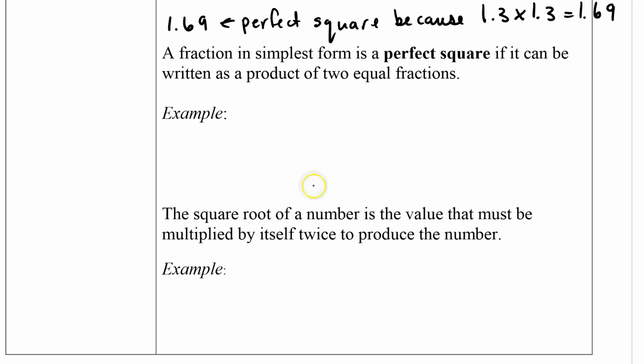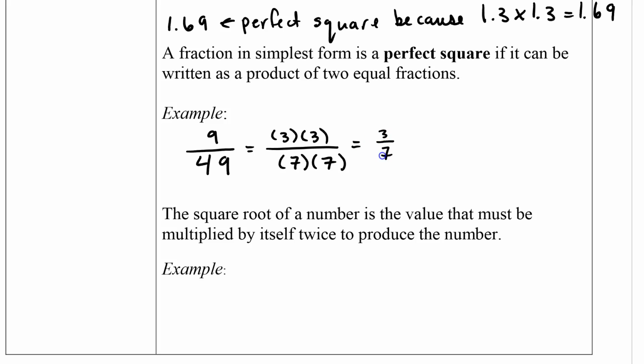So if I have something like 9 over 49, 9 over 49 just is 3 times 3 over 7 times 7. And we know from fractions that we can break them apart. So we can just say that 3 over 7 times 3 over 7.